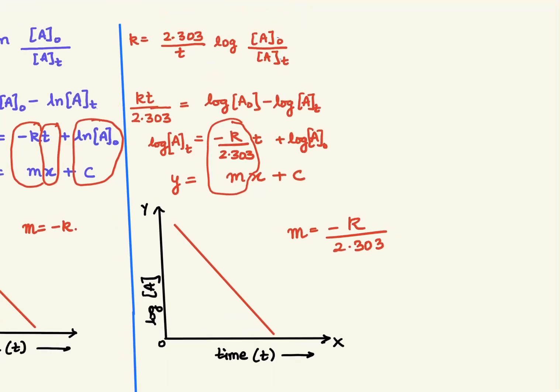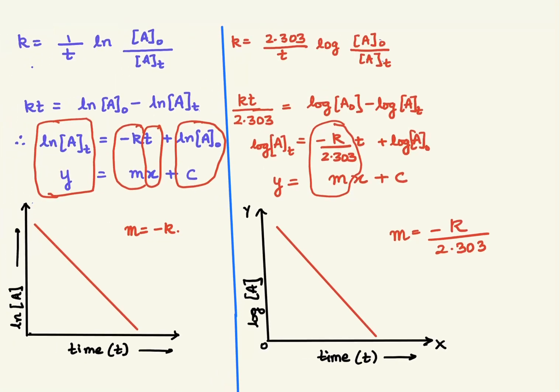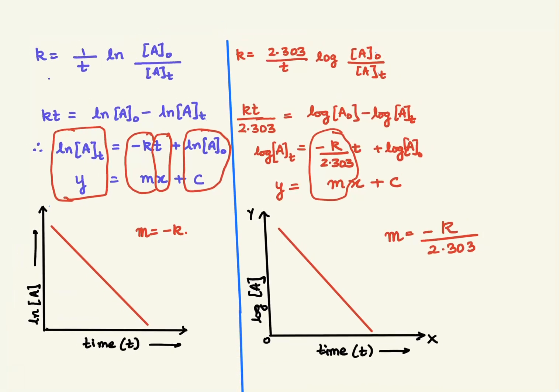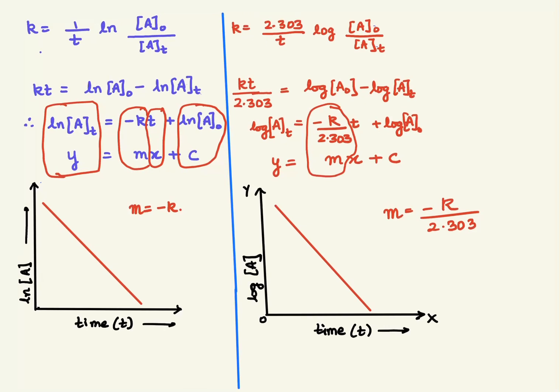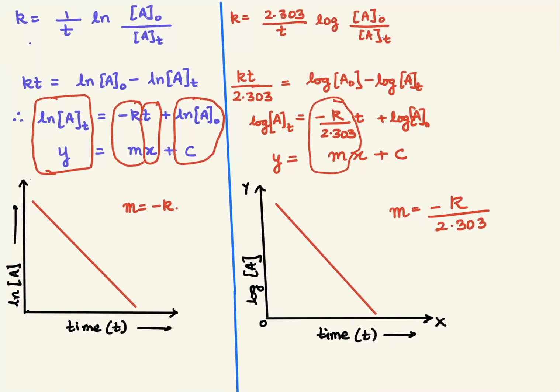So now I think I can give you a full perspective of what you have learned in this graphical representation of the first order reaction. You must be wondering and thinking, why is this teacher making concepts more complicated? I'm trying to simplify things for you. You have to understand rather than memorizing.